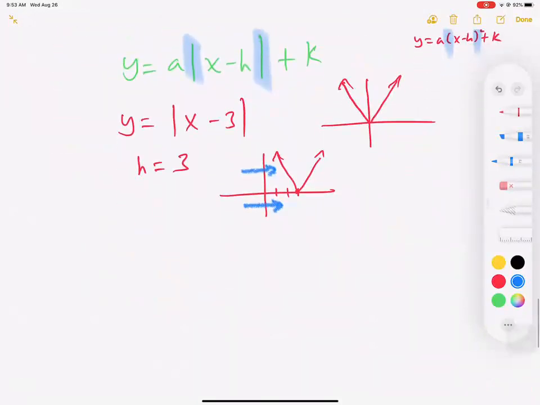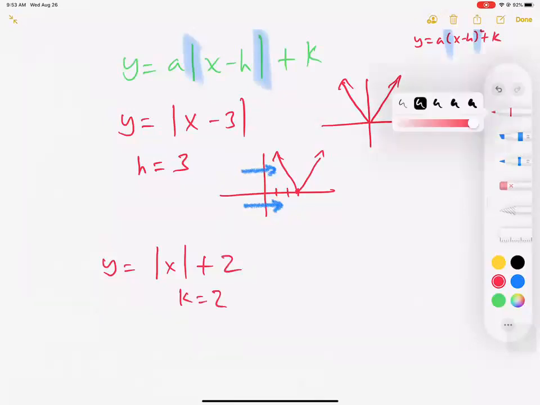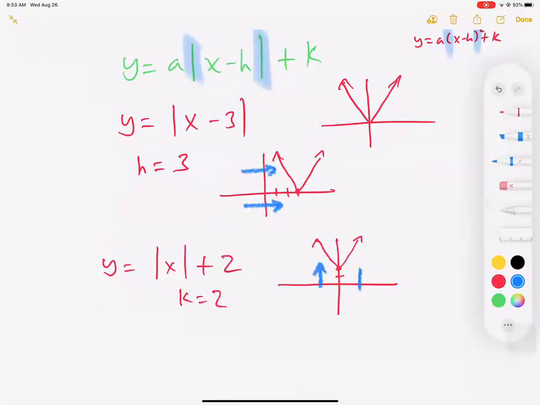If I wrote y is equal to the absolute value of x plus 2, is that an h or a k value? This would be a k since it is outside. So it's the same V graph except it's 1, 2 spaces up. Because it's a k, it got shifted up by 2 spaces.